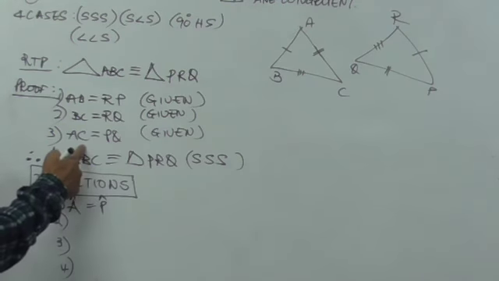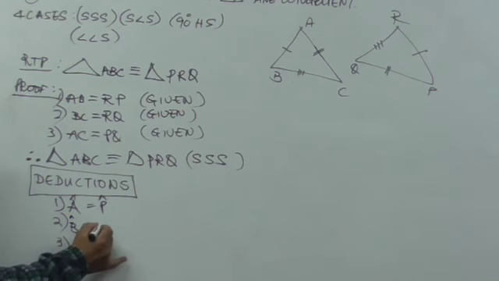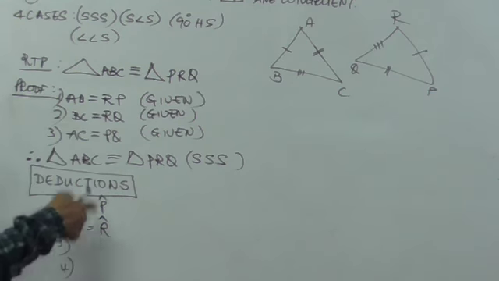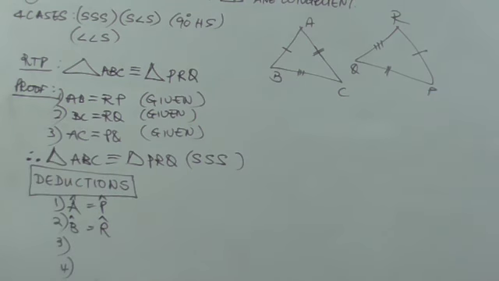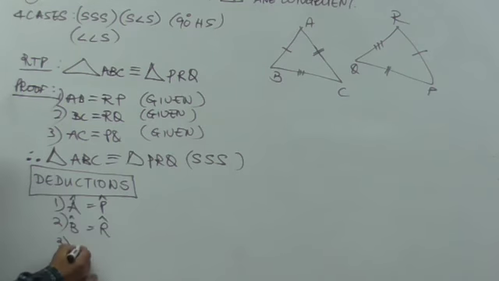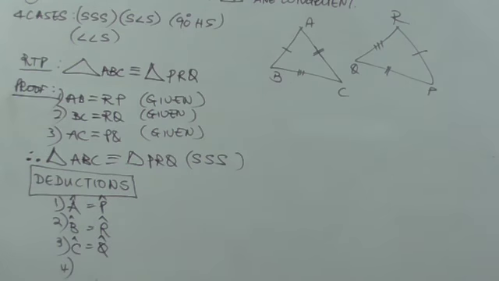Now, second, angle B is equal to angle R. Did we use this in the proof? No. Therefore, it is a deduction. Number 3, the last one, C is equal to Q. So you see, when you label it in the correct order right in the beginning, then in the end deductions become very easy.